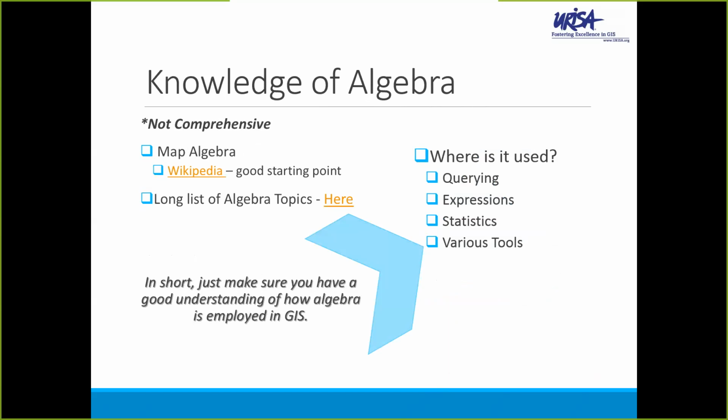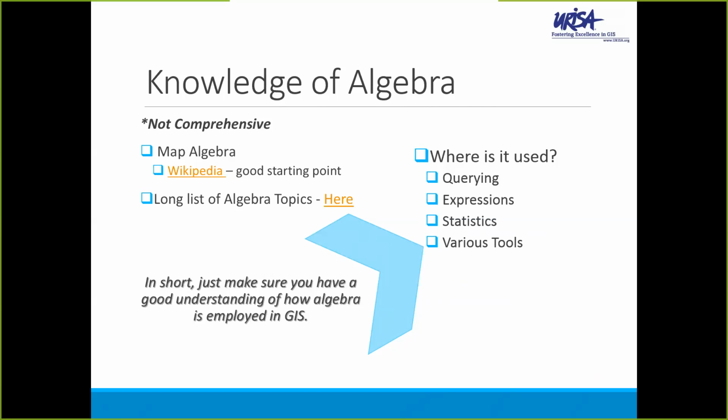You need to have a good understanding of math algebra and where it's used. Not only where it's used, but how. I don't typically use Wikipedia, but it's a good starting point for finding other sources, so there's a link there. There's several types of algebra operations that can be used: arithmetic, statistical, relational, trigonometric, and exponential and logarithmic functions.